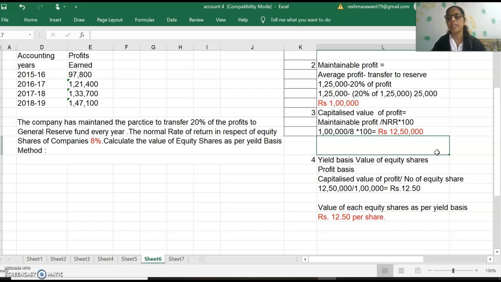In this heading, we calculate the profit basis method. The formula for each share is capitalized value of profit divided by number of equity shares: 12,50,000, which is calculated in step number 3, divided by the number of equity shares mentioned in your question. The answer will be rupees 12.50 per share. So in this way, the value of each equity share as per yield basis is rupees 12.50 per share. In this heading, we use the profit basis part.